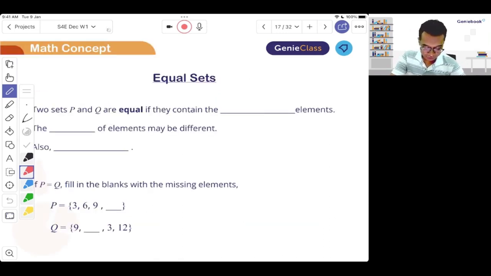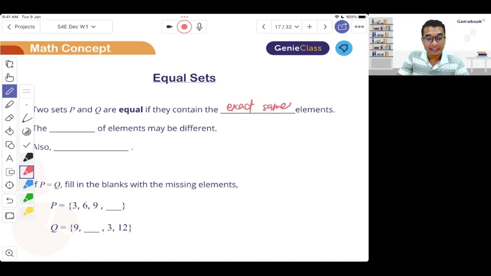Now let's move on to our next math concept. So here we have 2 sets, P and Q, and what are some conditions that have to be true in order to say that 2 sets P and Q are equal? Now, they must contain the exact same elements.